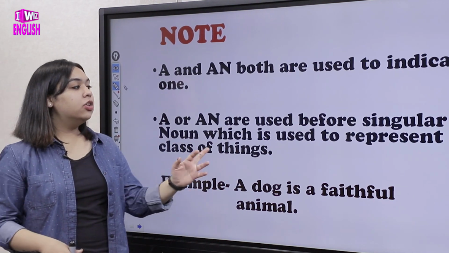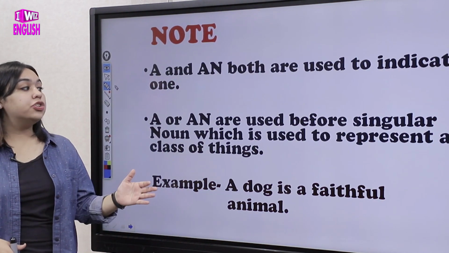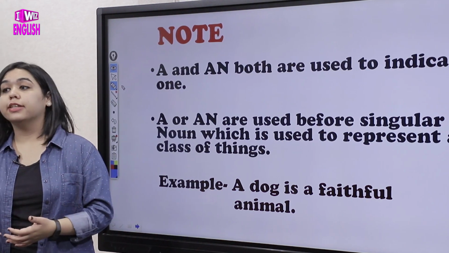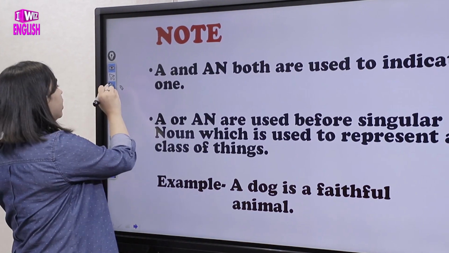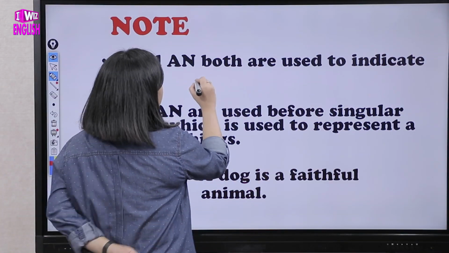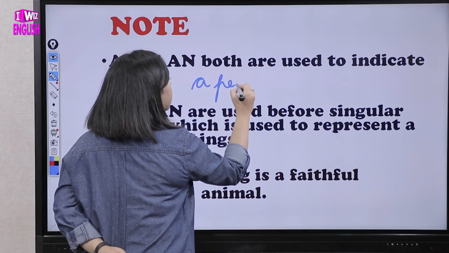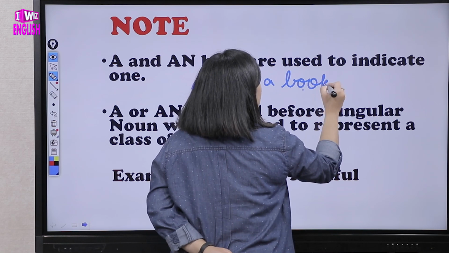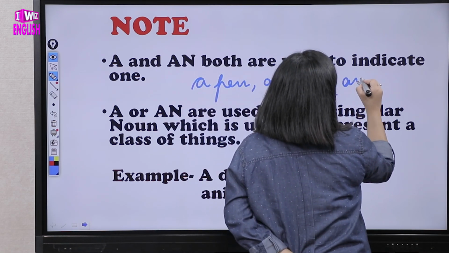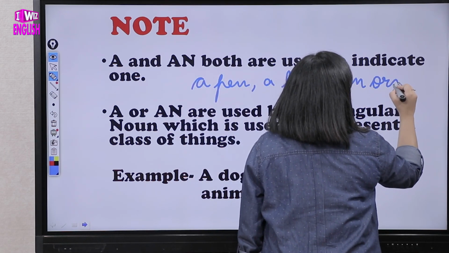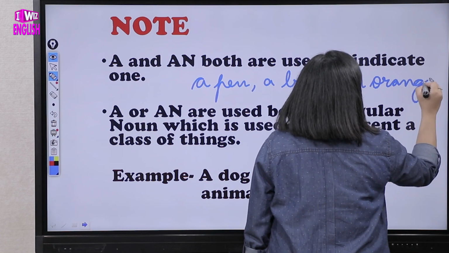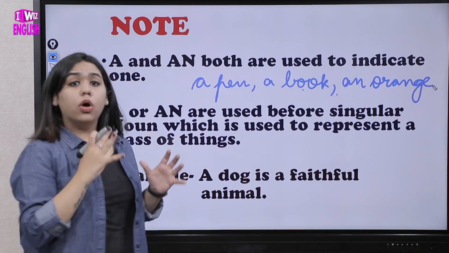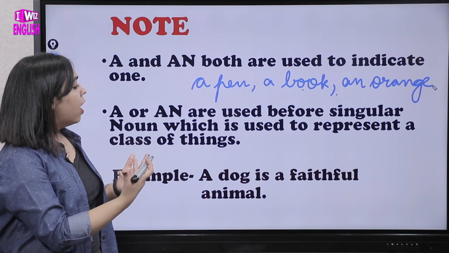A or an are used before singular nouns, so I could say a pen, or a book, or an orange. All these are singular, these are one.